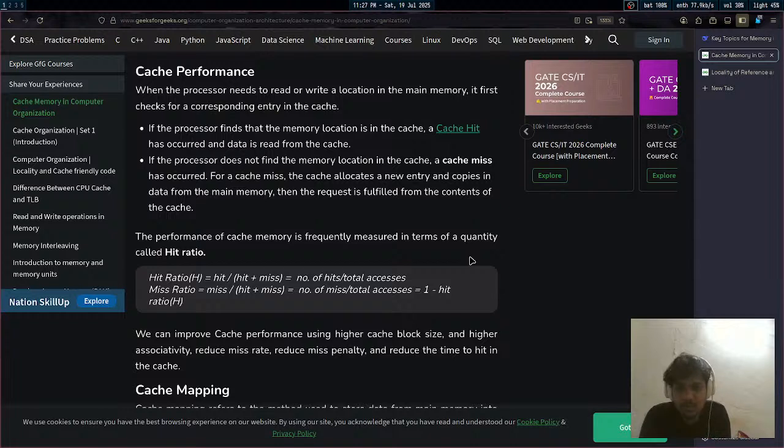Okay, so what is happening is the processor first looks into cache.